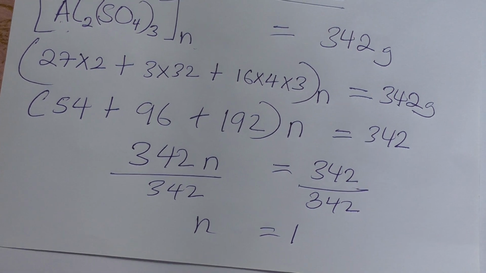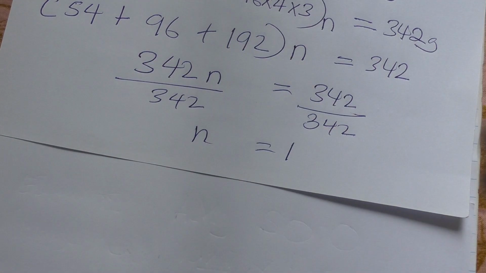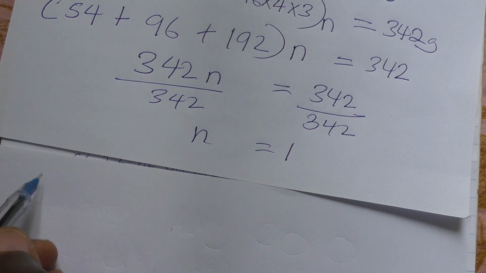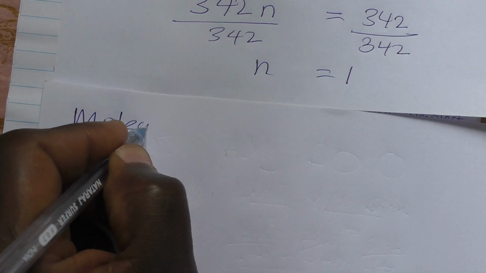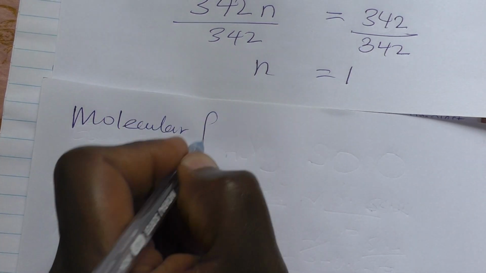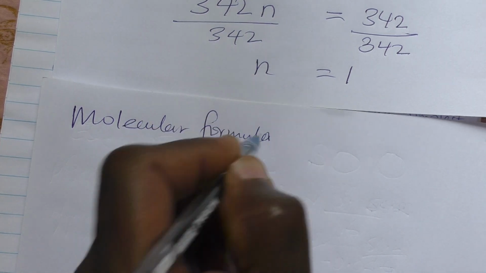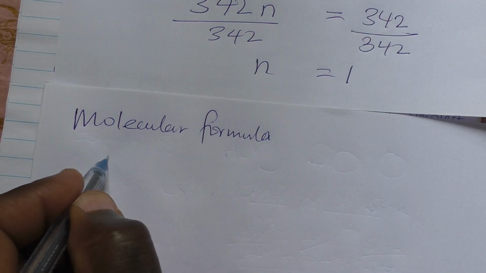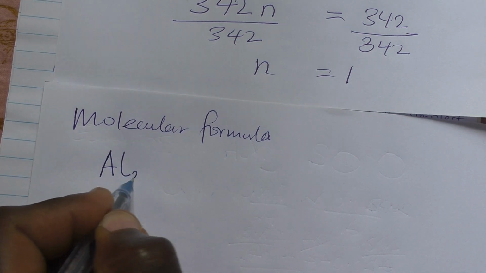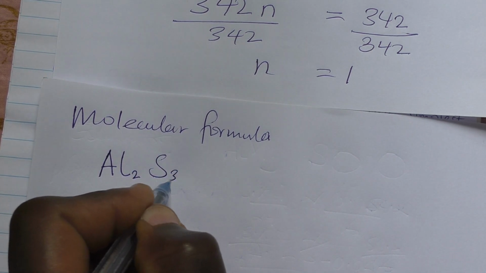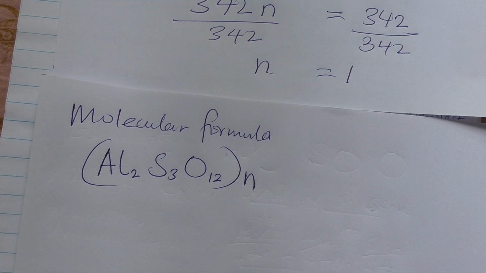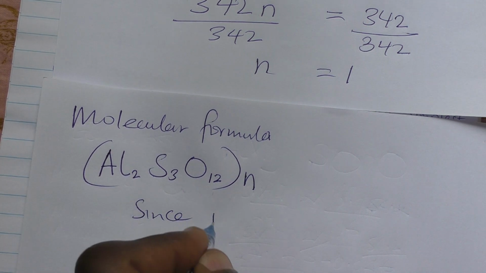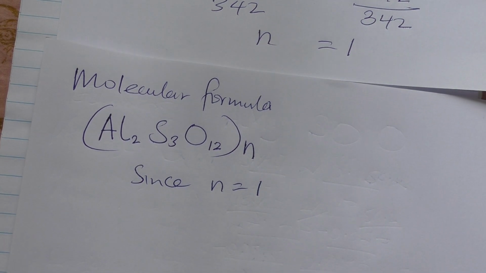And that means that the multiple is 1, and therefore the molecular formula is given by aluminium 2, sulfur 3, oxygen 12, all times n. But since n equals 1, we shall remain with the same.